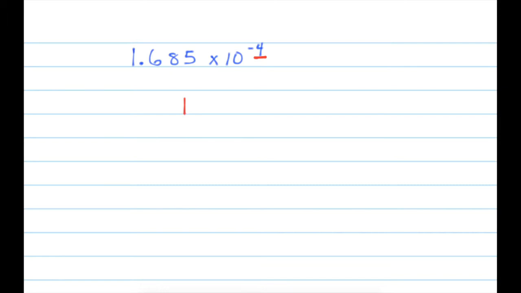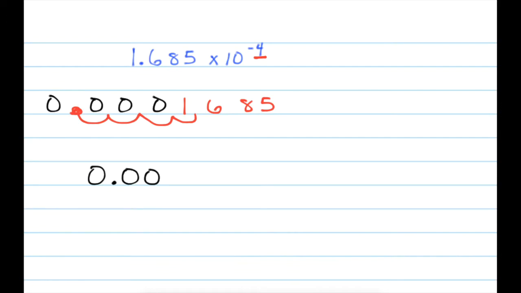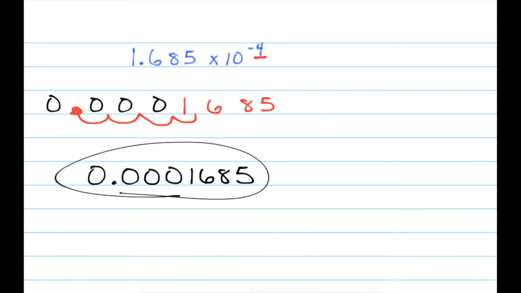So I still have that 165, but I had to move that decimal 1 space, 2, 3, 4. That's where my decimal is going to belong. So the only thing I can put in those open spaces are zeros. So I have 0.000165. There's my number in standard notation.